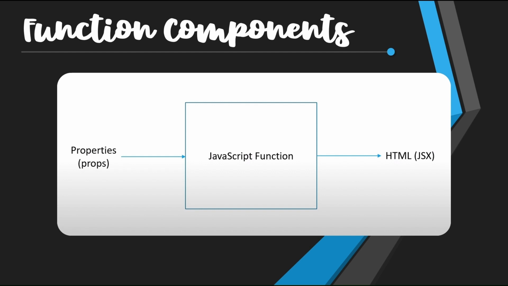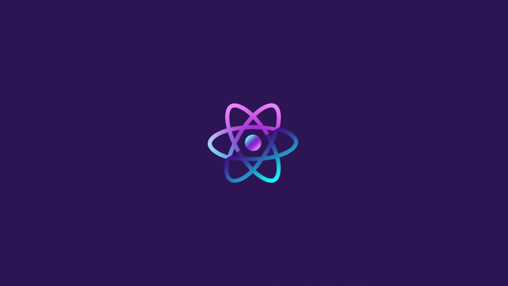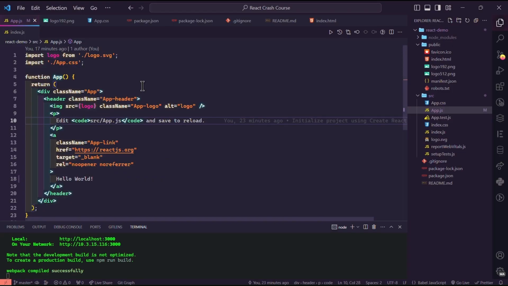So if I go back to VS Code, the first thing you notice is the file extension, which is .js, right? So .js is a JavaScript file. If you take a clear look at the code, you see it's a function. You have a function name over here and it returns something.